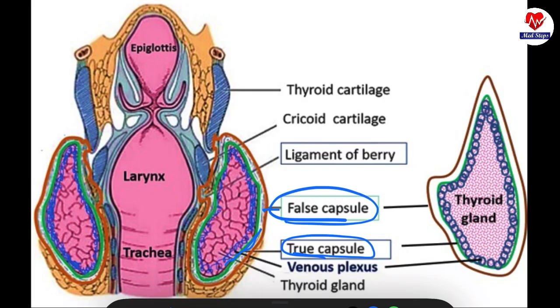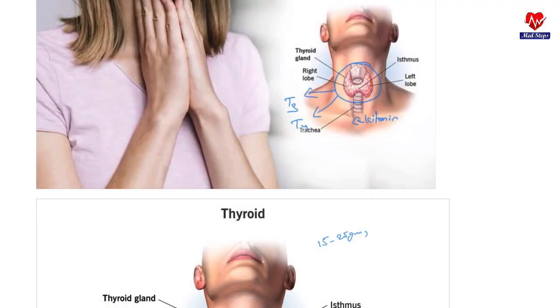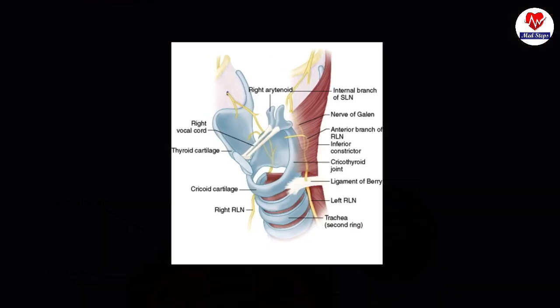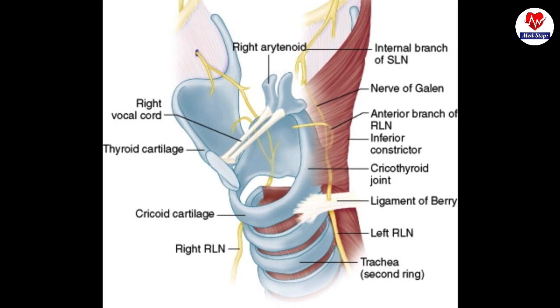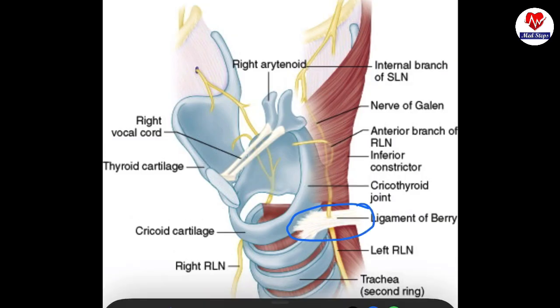Next, in the surgical view, it's very important to know the Berry's ligament. This is the Berry's ligament, the main ligament. It is a thickening of the pretracheal fascia, and it anchors the thyroid to the cricoid cartilage.